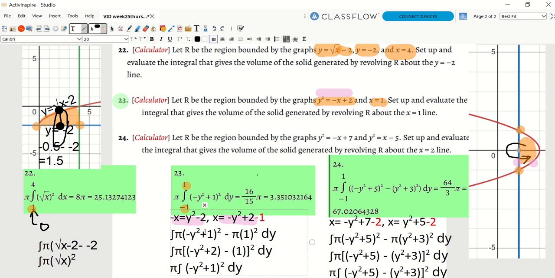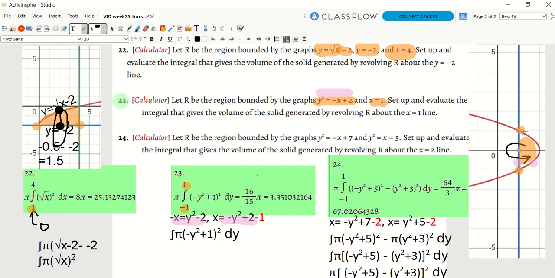I mistakenly typed stuff in as if it was a washer. Now what they did to get from this step to this step is just extract the pi out of the integral, and we integrate from -1 to 1.